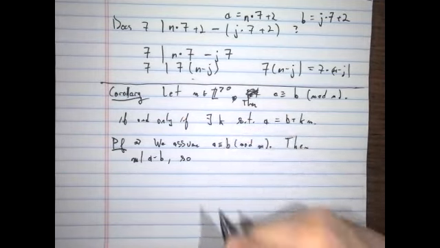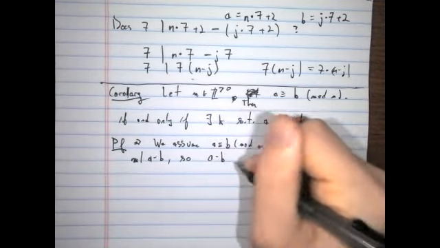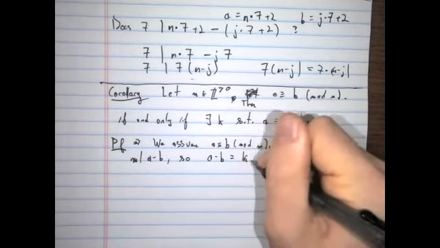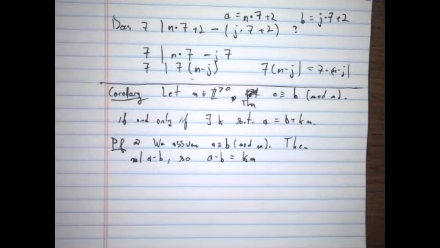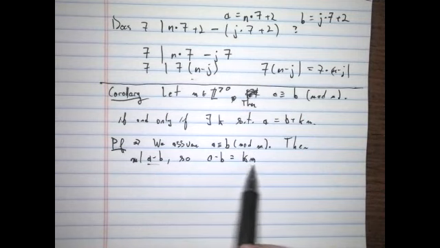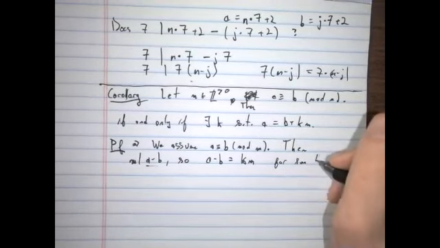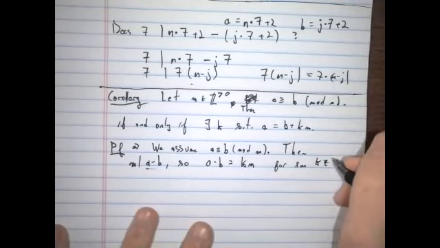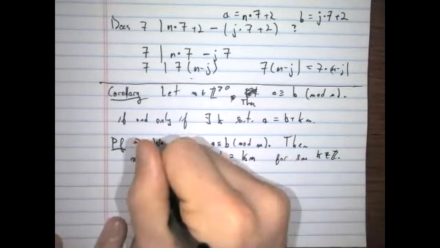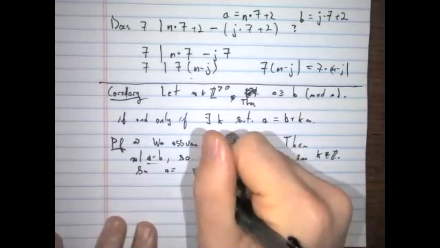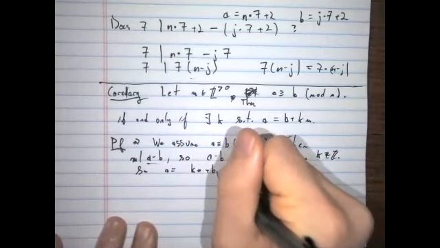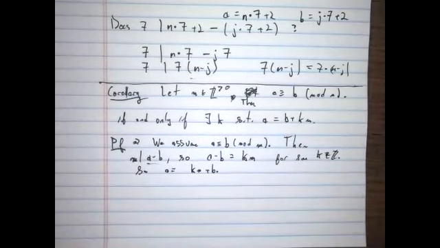So A minus B is equal to Km, right? Dividing means I can re-express this term as a multiple of M for some K. So A is equal to Km plus B. Great, we've proved one direction. That was easy.